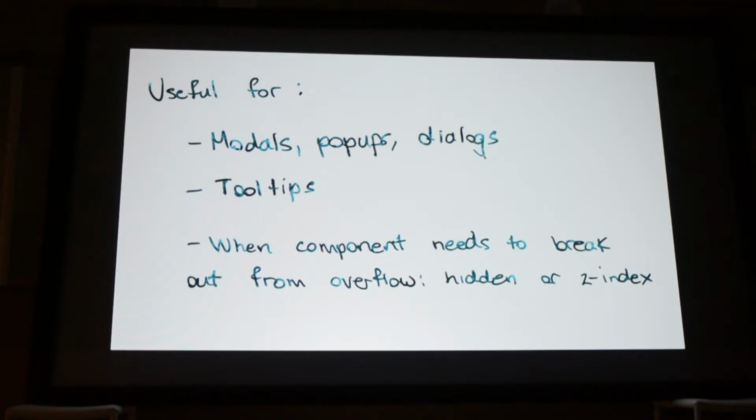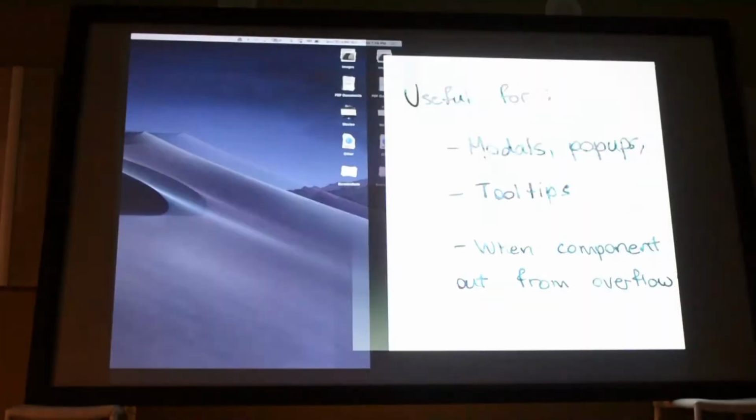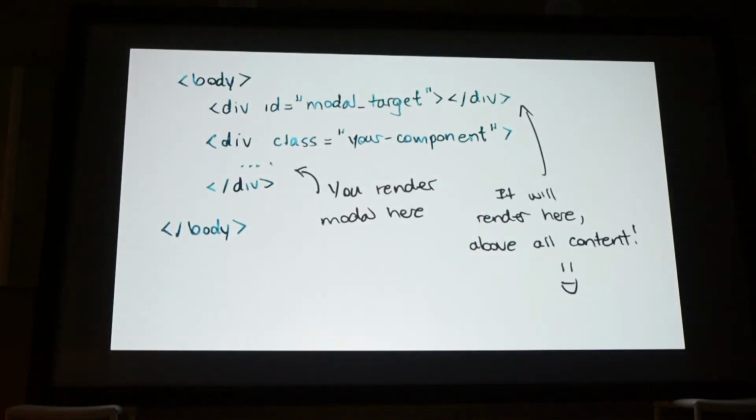So if you render your modal down here, you can give it a position of absolute, and you can set it so it looks like it's visually above everything else. But you might run into problems if, for example, your component here has overflow hidden, or you have something else positioned absolutely on the page that might cover up the modal, or you want to do something more complex with your modal, like create a backdrop and adjust the scrolling.